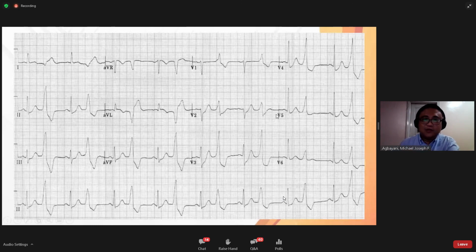As a preview to my lecture in the last day, from V1 to V6, they're all upright. They're all R waves. That's concordance, and they're very bizarre. Before them, there are no P waves preceding them. So these are premature ventricular contractions or premature ventricular complexes. That's it for our ECG quiz.